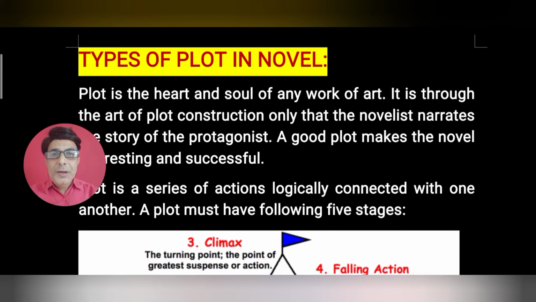Friends, we know that plot is a very important element of novel. In fact, plot is considered as the heart and soul of any work of art.